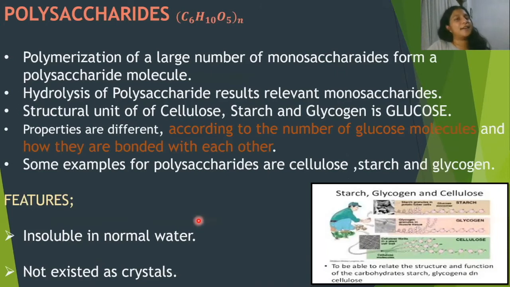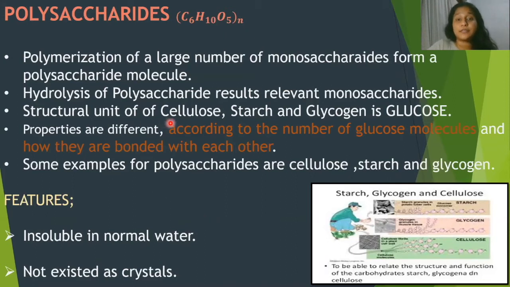Okay, now we are in polysaccharides. You can see the formula C6H10O5. The polymerization of a large number of monosaccharides forms a polysaccharide molecule. Hydrolysis of a polysaccharide results in the relevant monosaccharides.